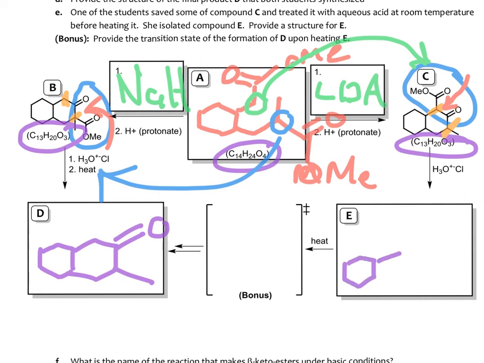So this is going to give us something that looks like this. I've drawn the acid with the OH group towards the carbonyl.